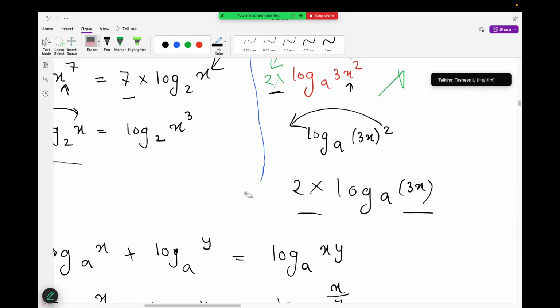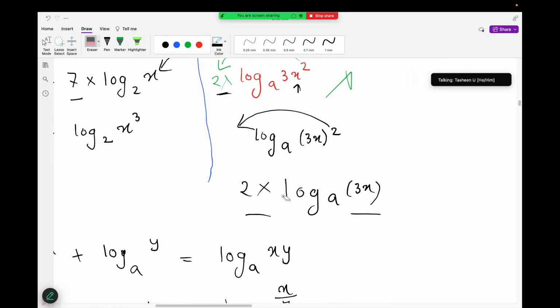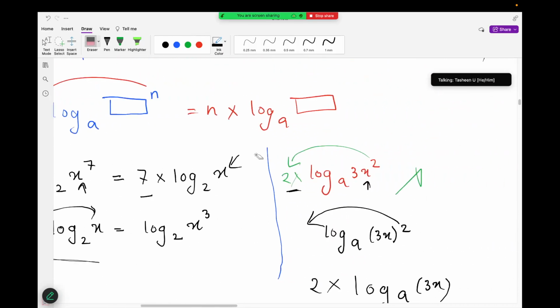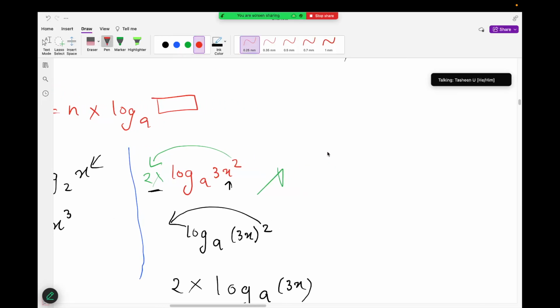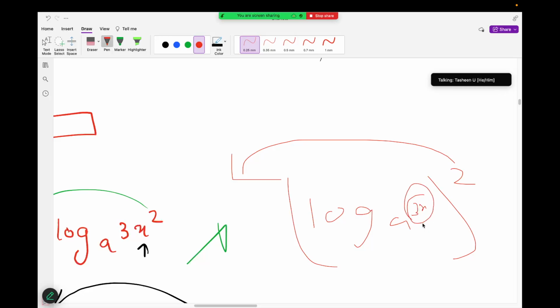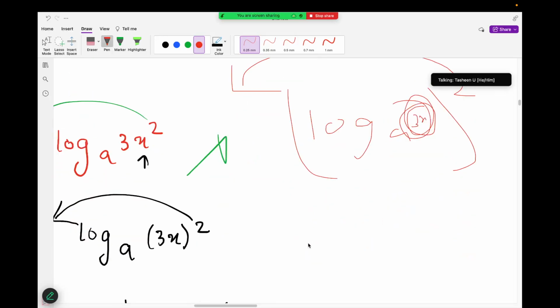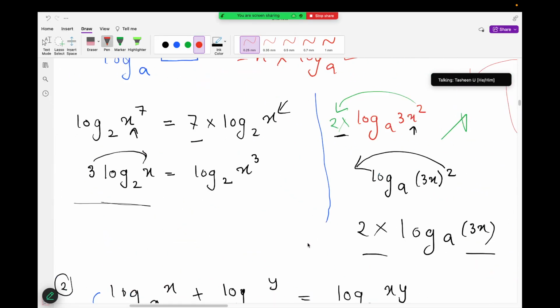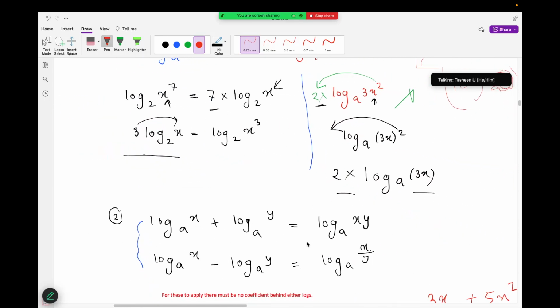Also, if the power is on the entire log, something like log base a of 3x and then whole squared, you also cannot bring this down. Only the power of the argument works. This power rule applies only for this.